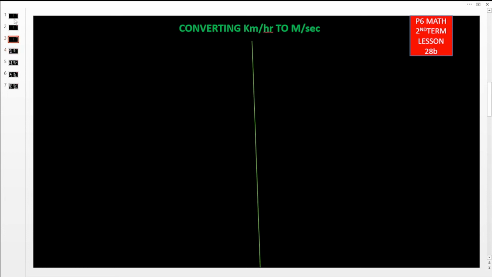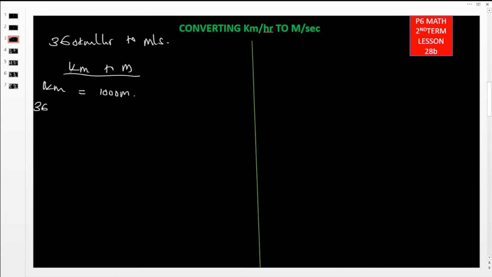Now let us also get this one here. They can tell us to convert 360 kilometers per hour to meters per second. The first step is to change kilometers to what? To meters, right? Whereby 1 kilometer is equal to 1000 meters.